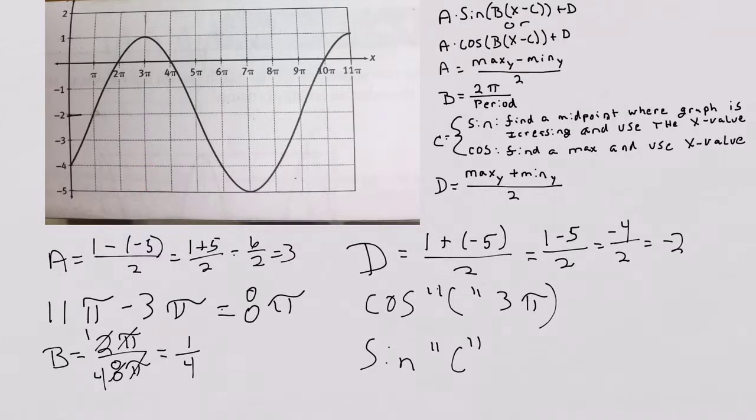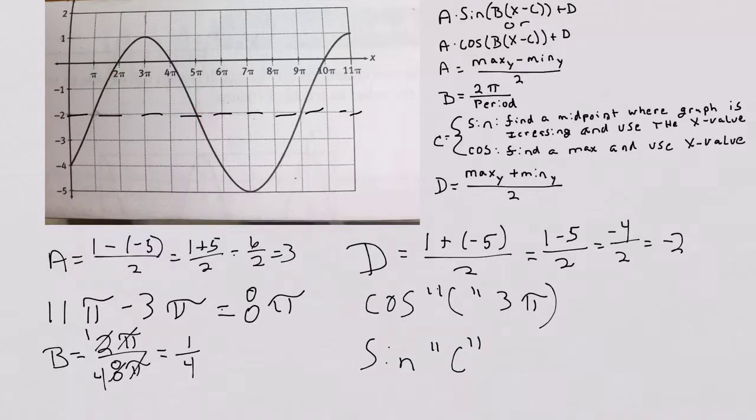So draw yourself a little midpoint line right here. Right on -2. That's the middle of the wave itself. We need to find a point where it's on that midline and it's actually increasing. If you look right here, this point, it's on the midline and the graph is actually increasing.